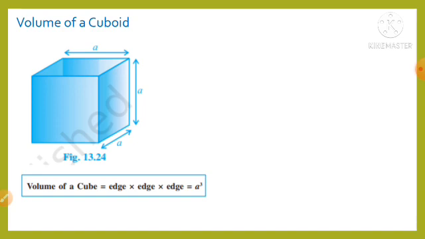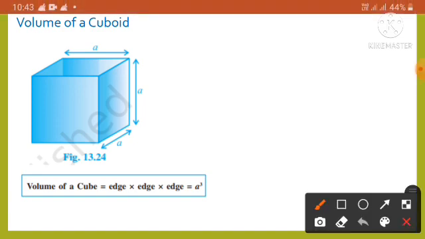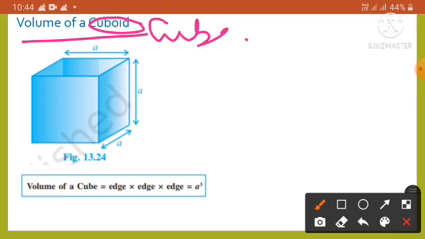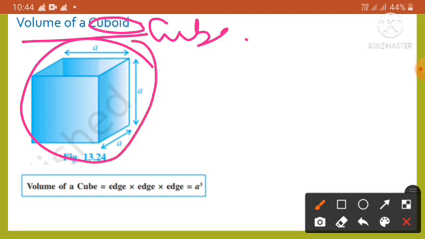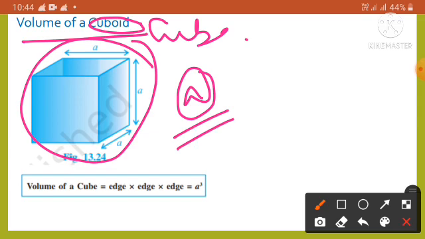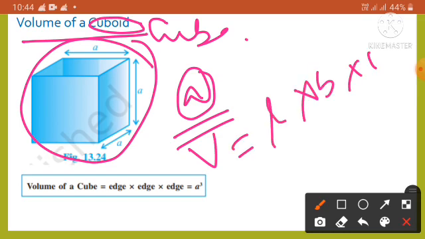Now if we take the volume of the cube we are finding, in a cube all the edges are equal and we are taking the edge as a. As we know, the volume of the cuboid is equal to L into B into H.